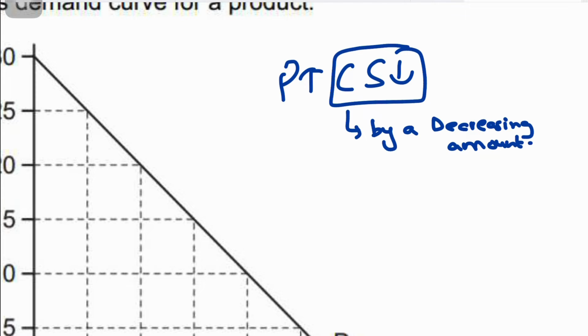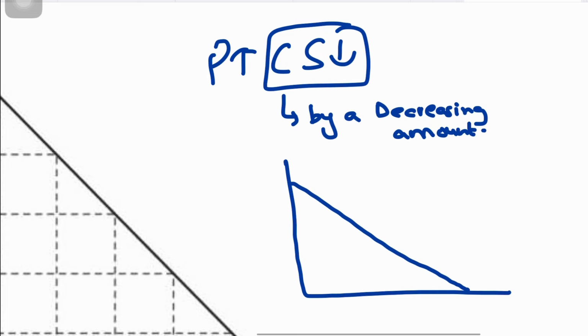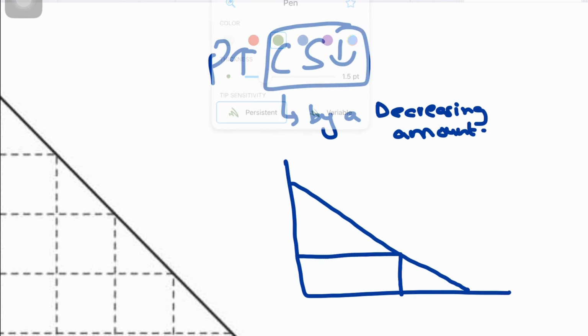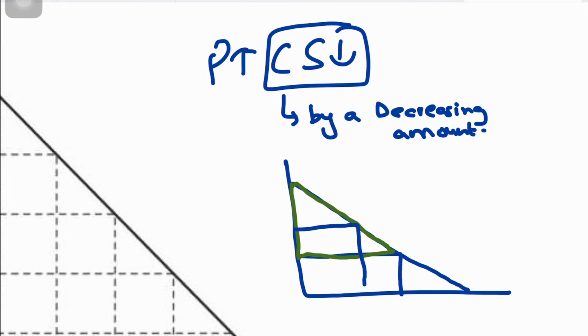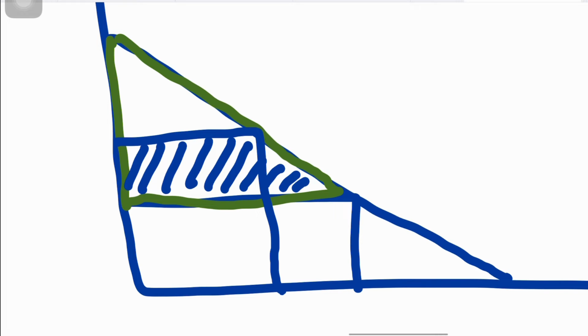For instance, let's say this is your demand curve, and this is your price, so all this area, this triangle, is your consumer surplus. Let's say the price goes up, then this shaded region is the decline in consumer surplus.